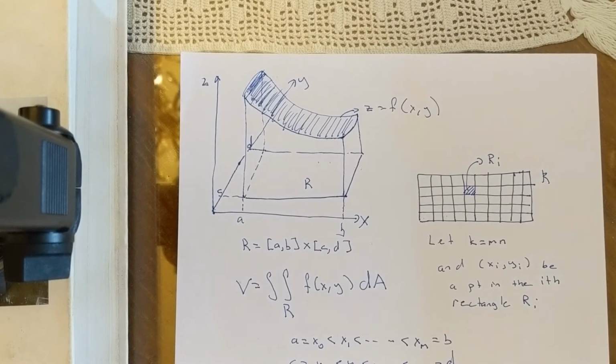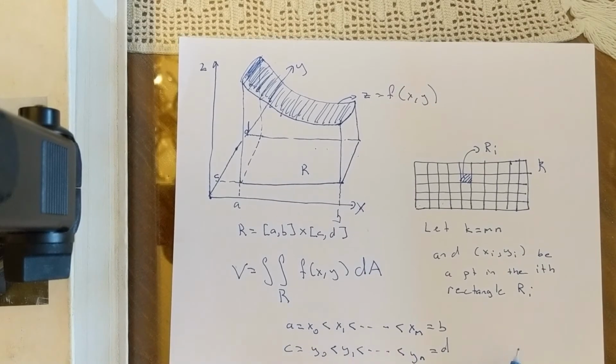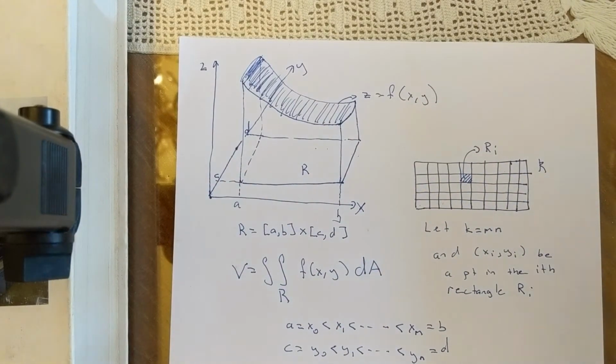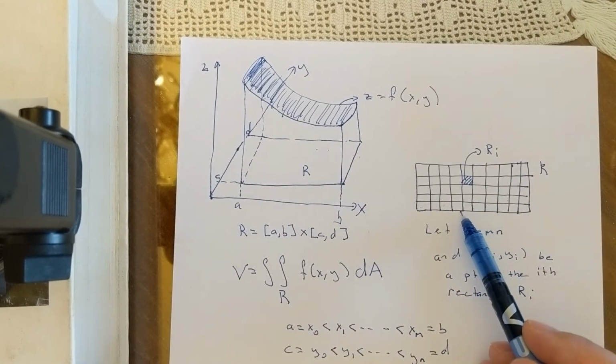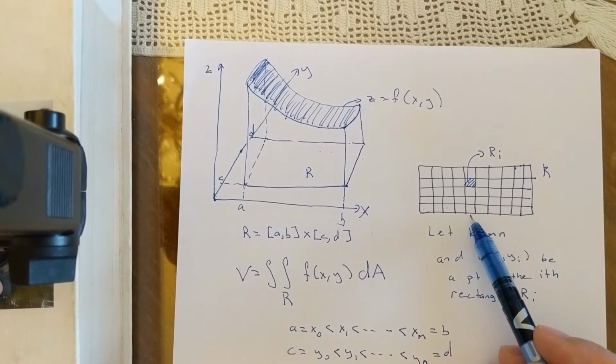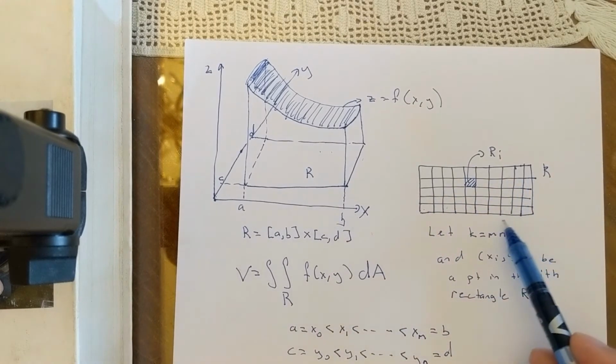Now, what are we going to do? The first thing is I'm going to draw the region so that we're looking top down now. We have this region, and this time I'm going to break it into lots of small rectangles. So this is the whole region.